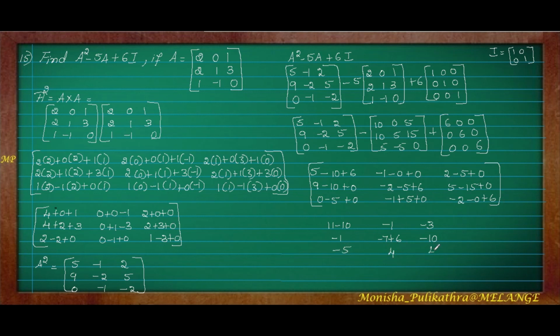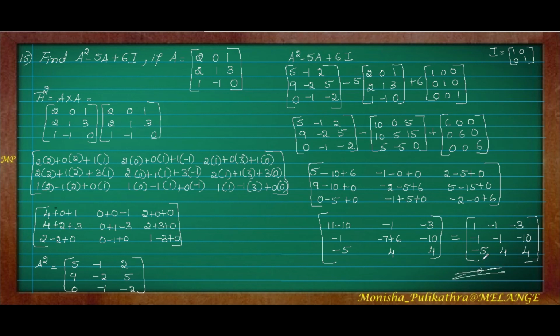And 6 minus 2 is 4. So 11 minus 10 is 1, minus 1, minus 3, minus 1, minus 1, minus 10, minus 5, 4 and 4. So the answer is 1, minus 1, minus 3, minus 1, minus 1, minus 10 and minus 5, 4, 4.